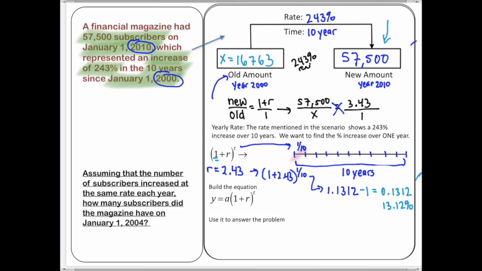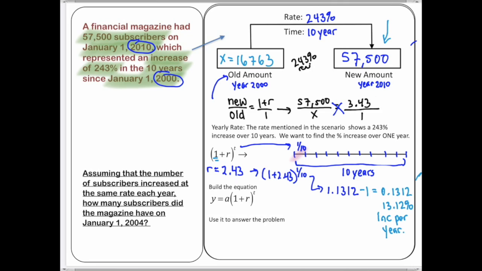So we know that we have a 13.12% per year increase in subscribers per year. That's really good. Now we're going to take that information and build the equation.